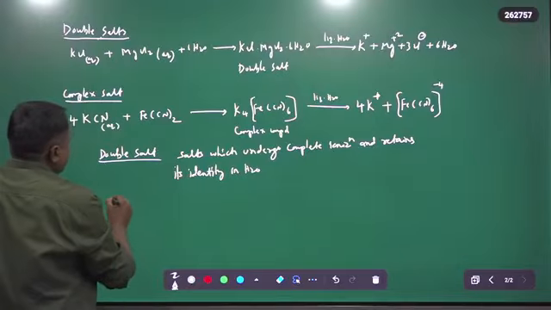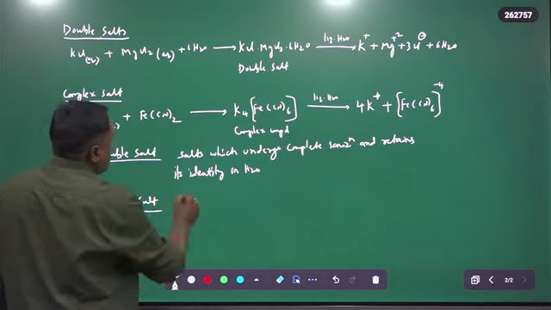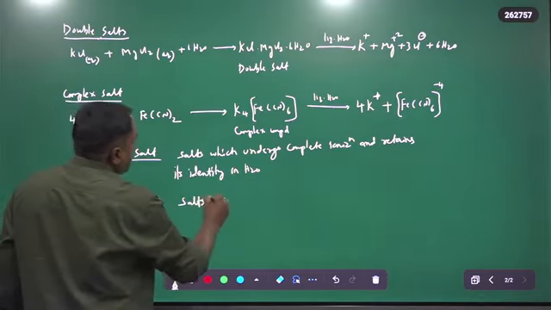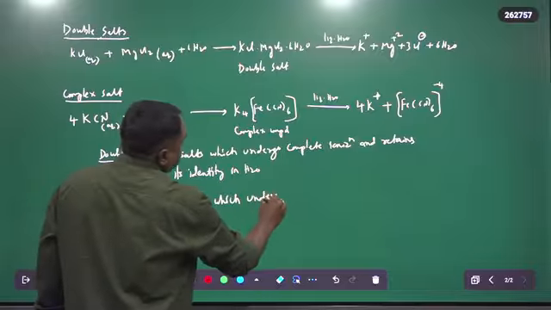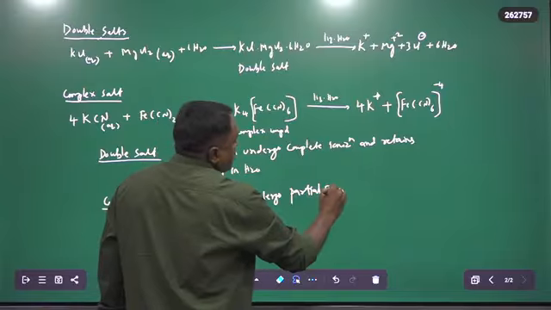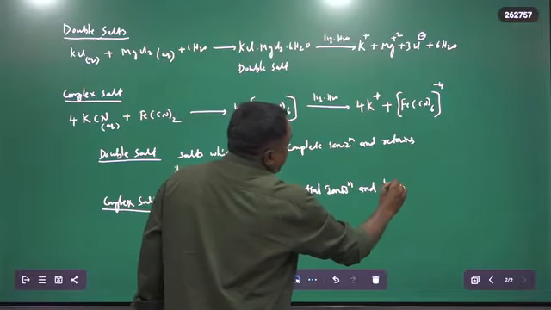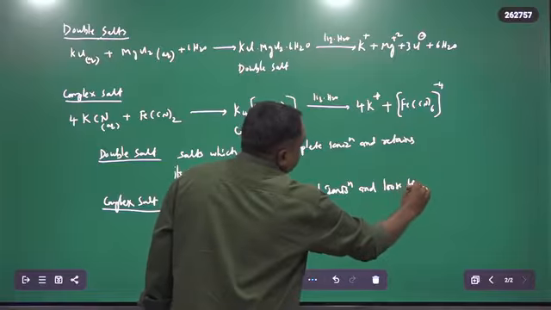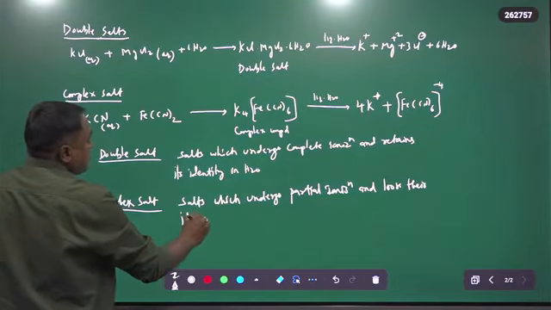And what about the complex salt? Complex salts, or complex compounds, are salts which undergo partial ionization and lose their identity in aqueous solutions.